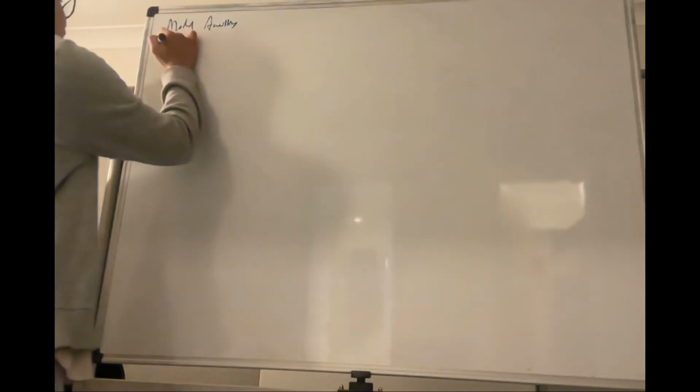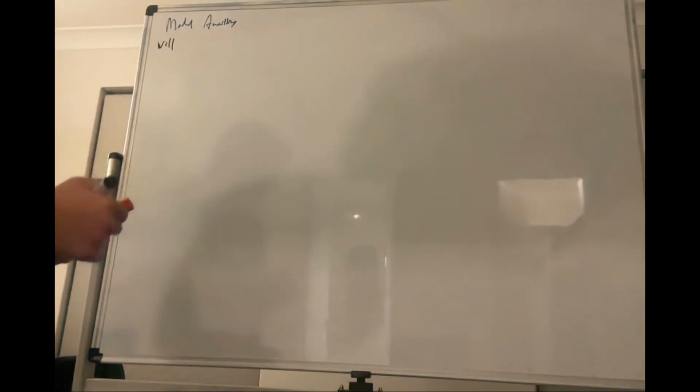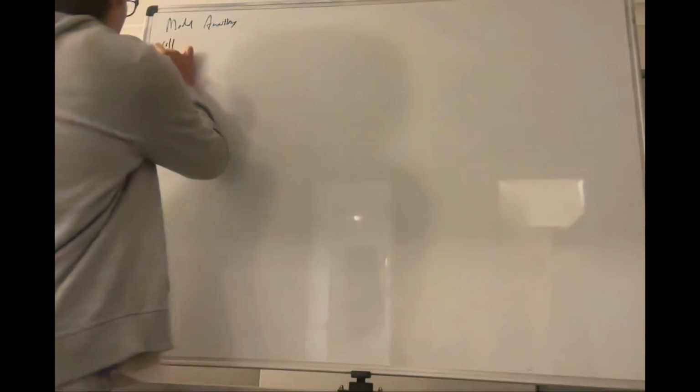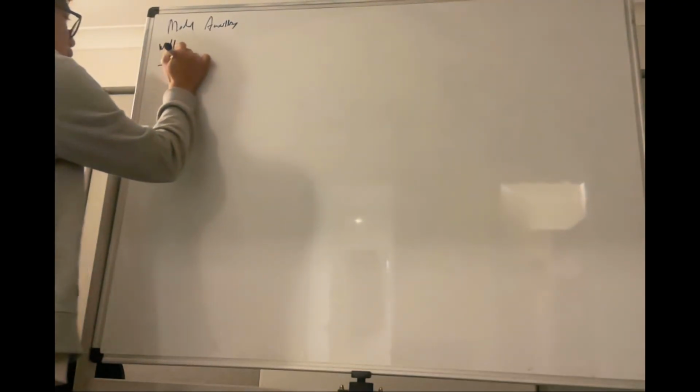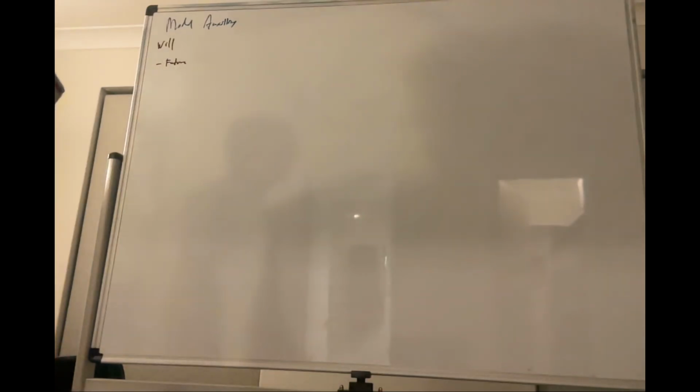Our first modal verb is will. I won't use blue anymore because it kind of sucks. Will, in the present tense, expresses futurity. It expresses the future. We will meet on Friday.